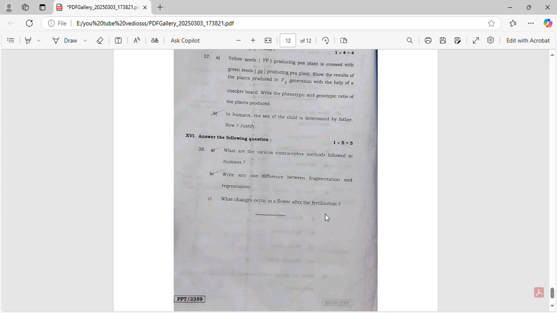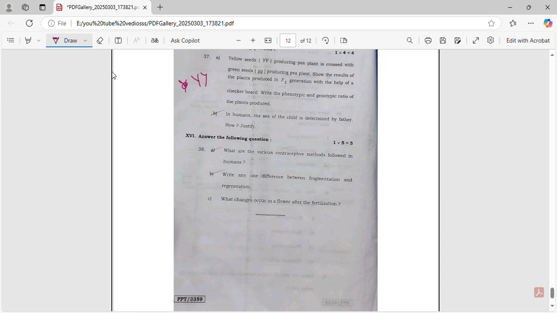This everyone knows: a pea plant with yellow seeds crossed with green seeds, show the result of F2. F1 will be capital Y and small y, that will give you yellow, and the F2 generation will give you a 3:1 ratio, yellow to green: one capital Y, then two heterozygous, and one small y.